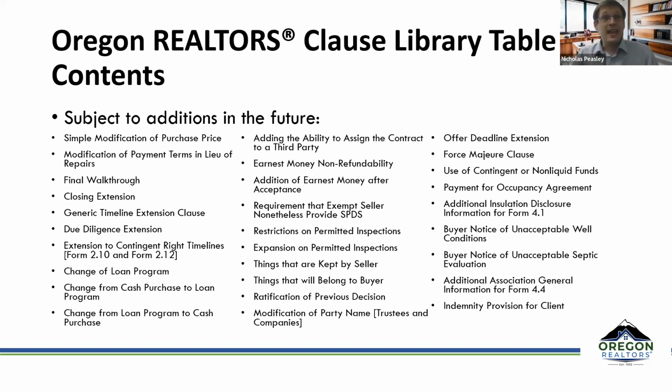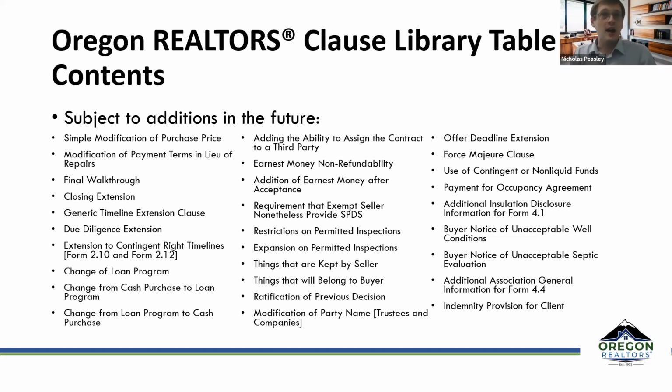Modification of a party name. This happens a lot and it's done improperly everywhere. So if you have, for example, a trust or a personal representative of the estate, the named party, the seller, is the estate of the dead person, the decedent, the estate of the decedent. You should make sure the name is estate of decedent, and the signatory is so-and-so, John Smith, personal representative of the estate of decedent.